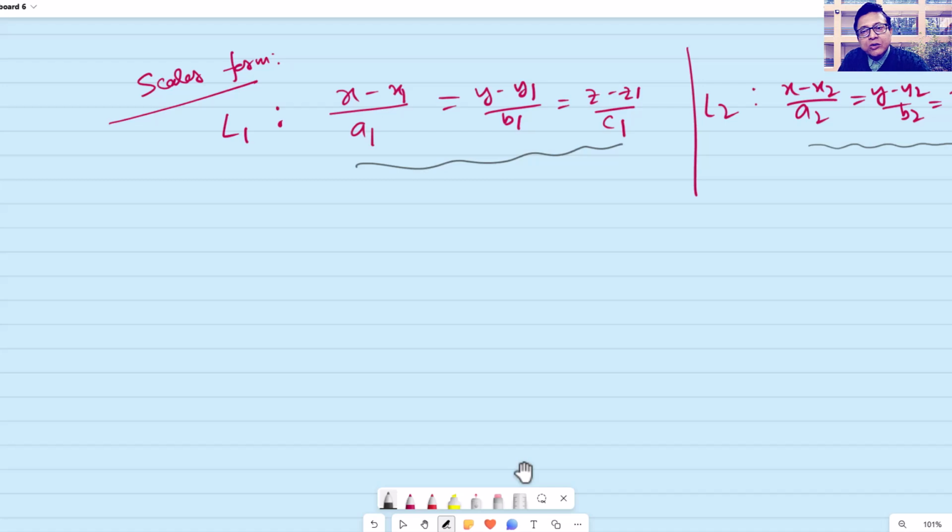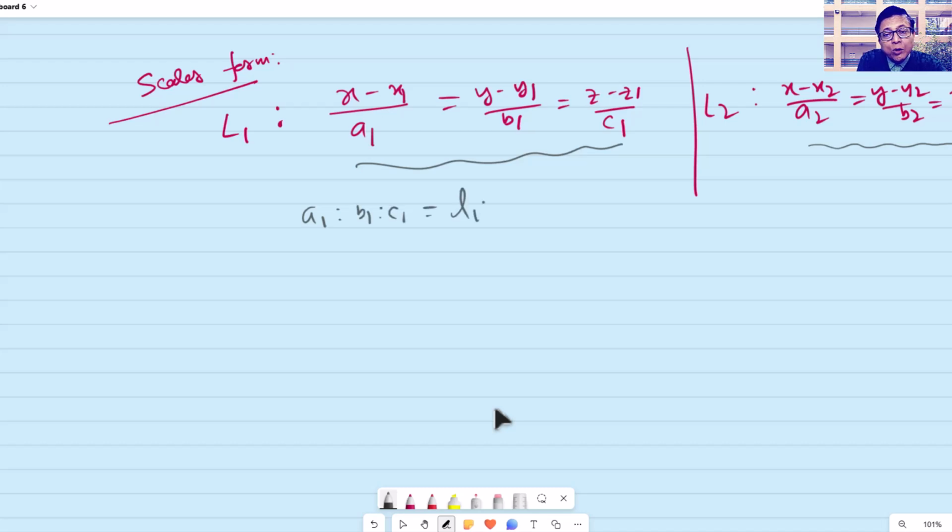The method I have already explained. If a1 square plus b1 square plus c1 square, their sum, is 1, they will be direction cosines. Otherwise, you better write them as direction ratios.